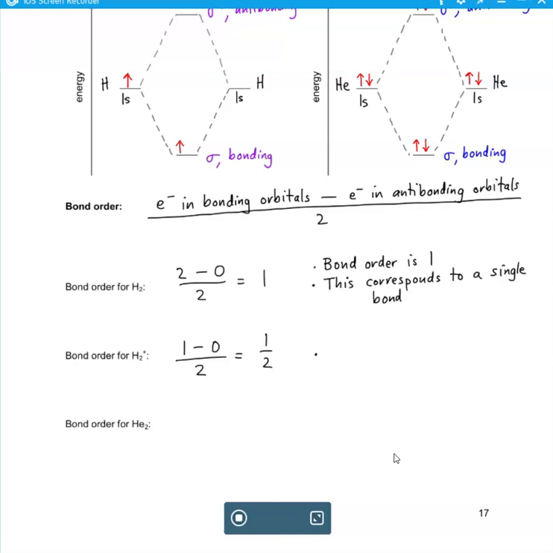Since you only have one that's holding, or trying to hold, those 2 nuclei together, it can do it, but it might not last very long, and it's going to be a pretty weak bond compared to a regular single bond. So here what we would say, the bond exists, but is weak. And it may be short-lived.